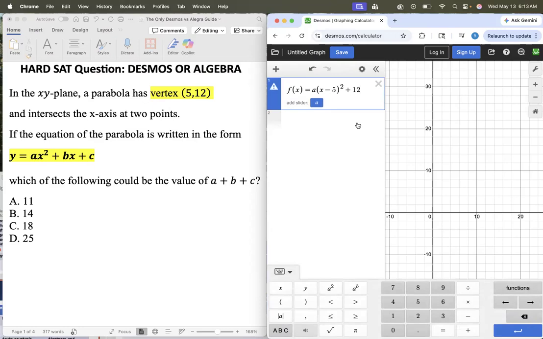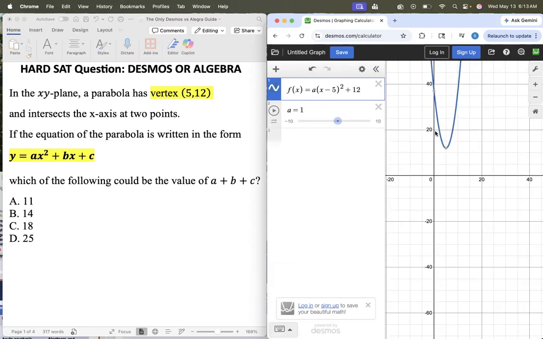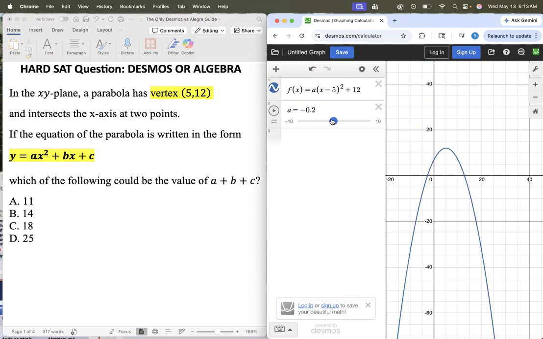And you ask me for a slider. I put a slider and you can see the parabola is opening up because A is positive. We want A to be negative. So I slide and I have A negative 2. It doesn't matter. It tells you that based on the graph, A has to be negative.